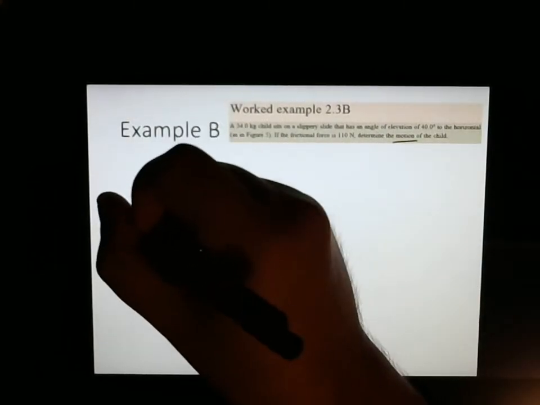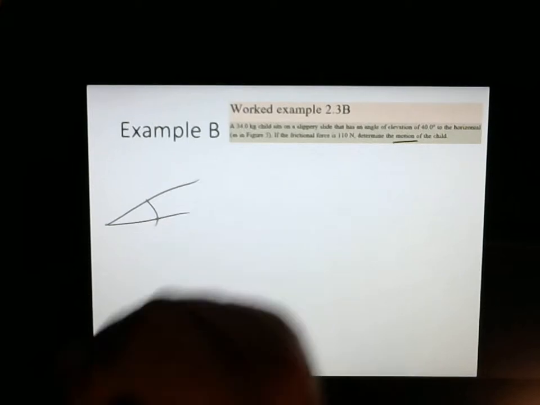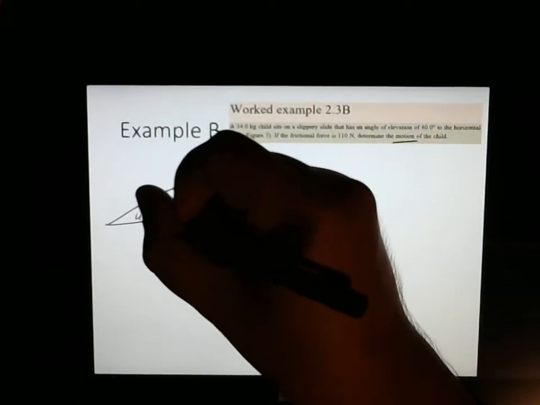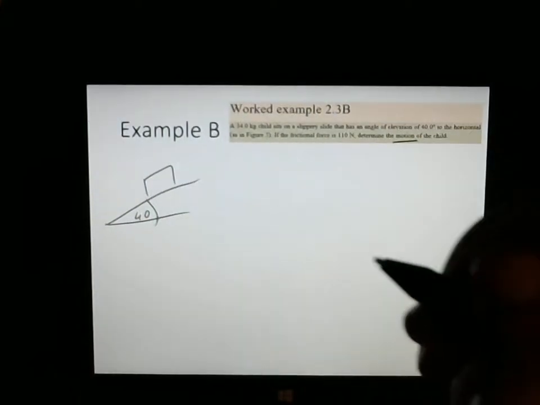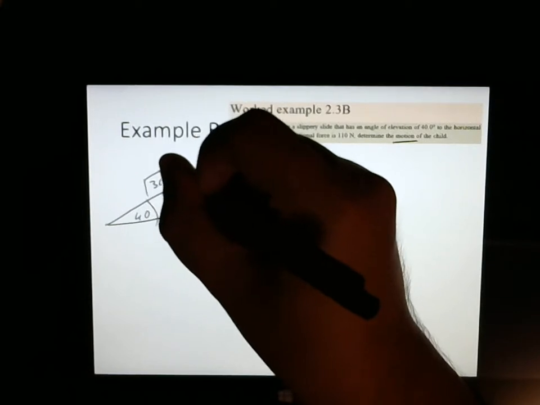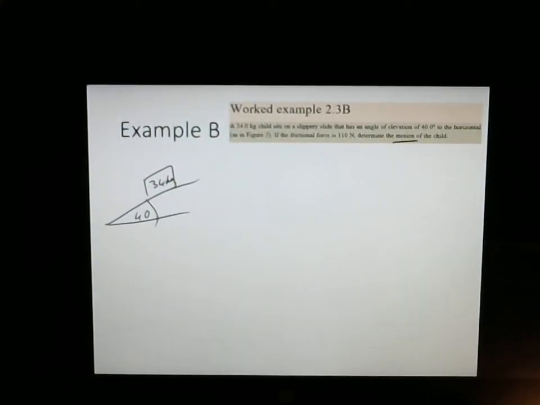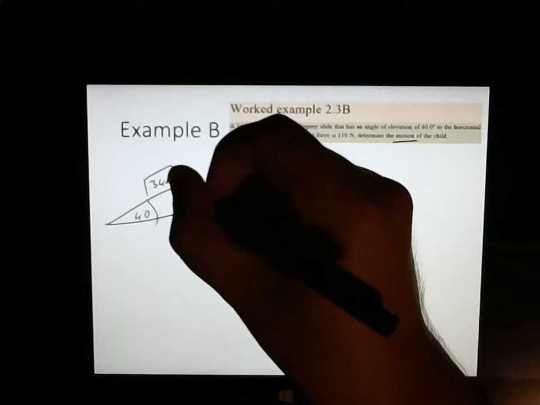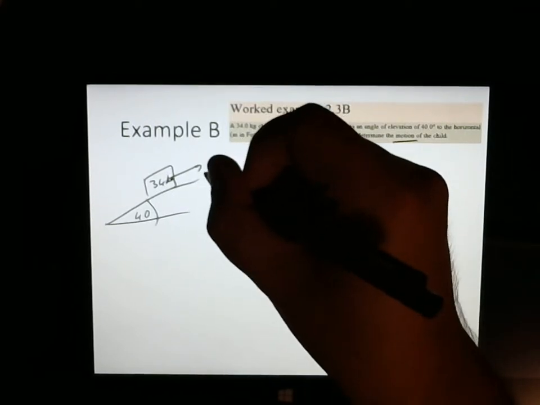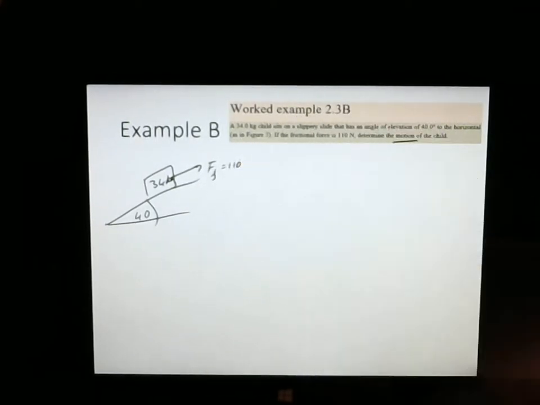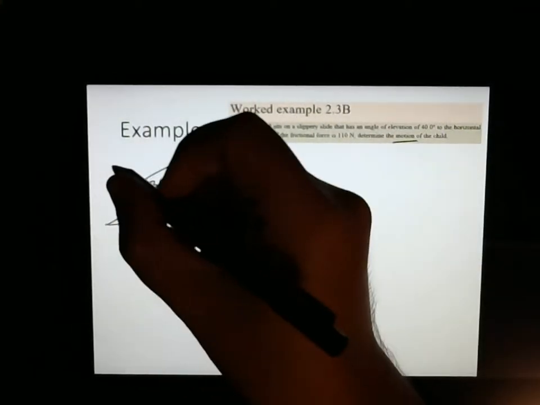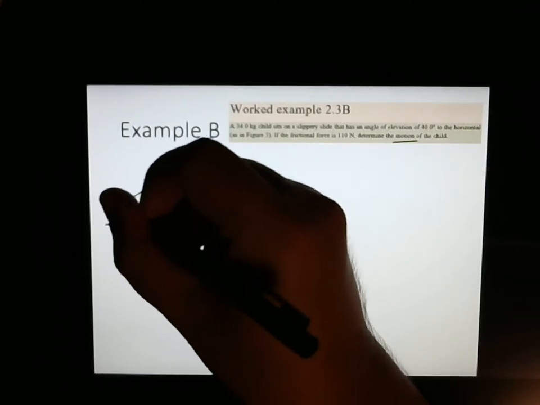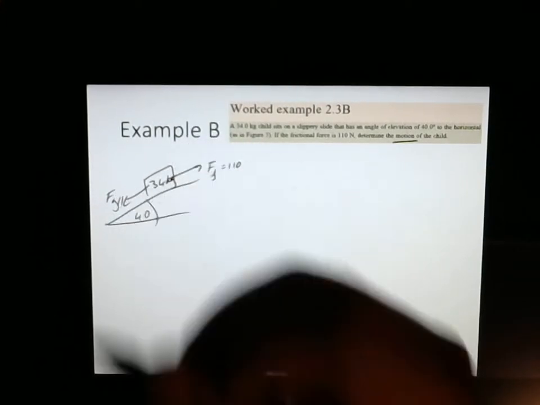So again, let's draw a basic plane. The angle is 40 degrees. The mass sitting on it is 34 kilograms. We know that there is a friction force. And we know that there will be a force due to gravity in the parallel component.